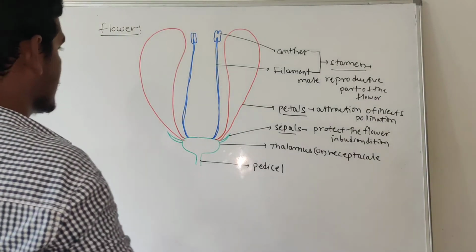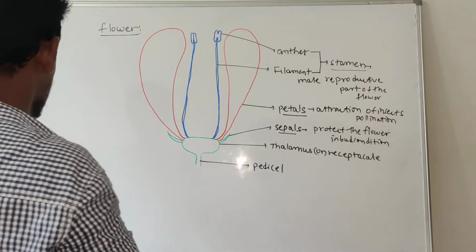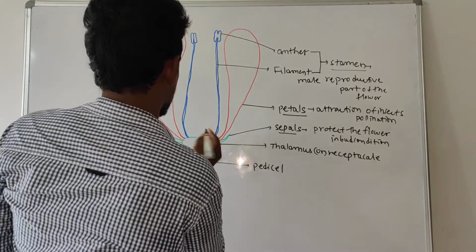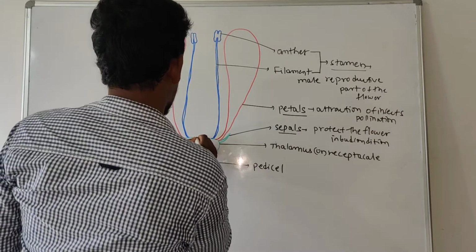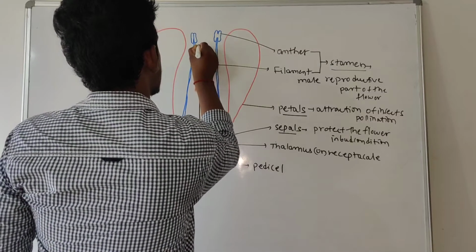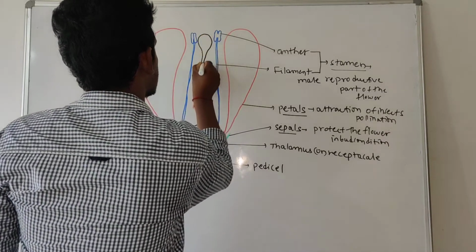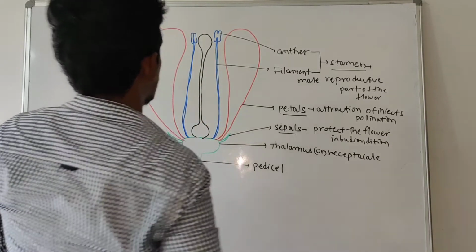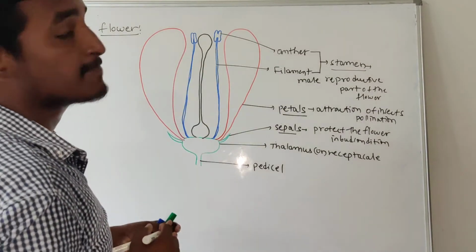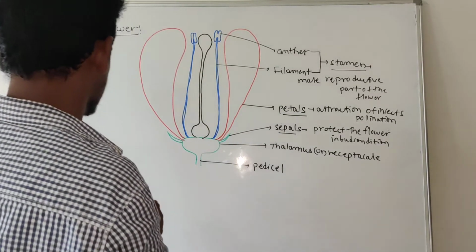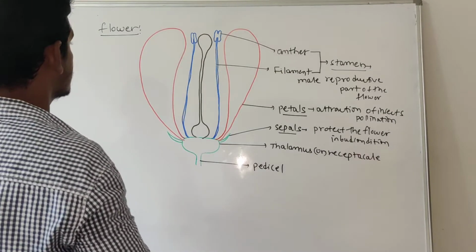The next whorl is the pistil or carpel. Three parts are present in a pistil. What are those three parts?